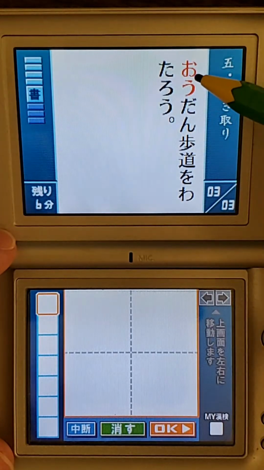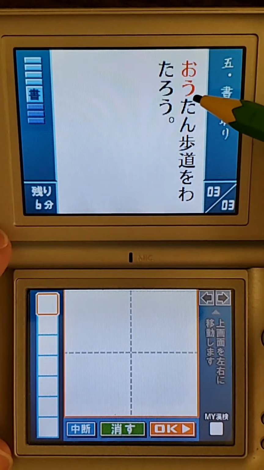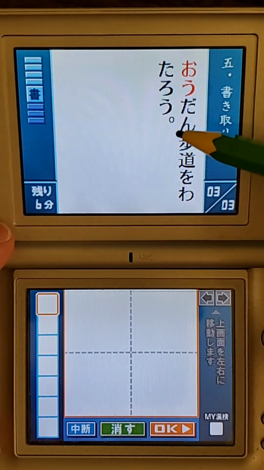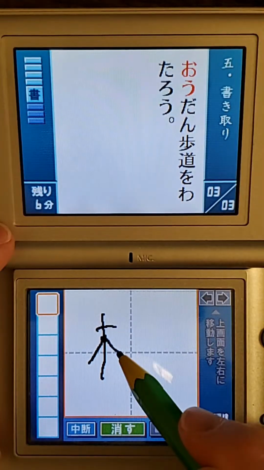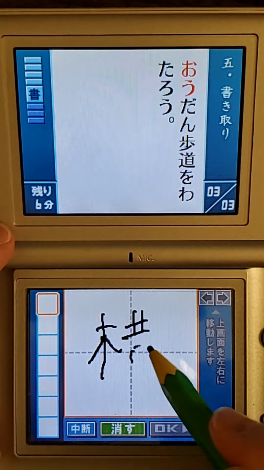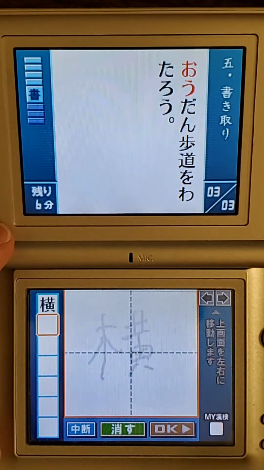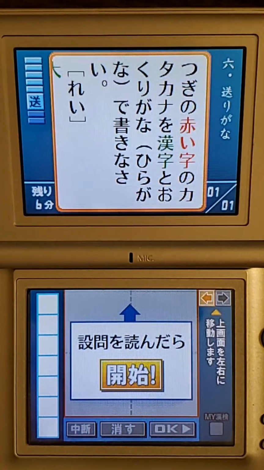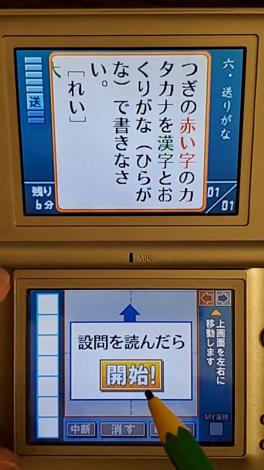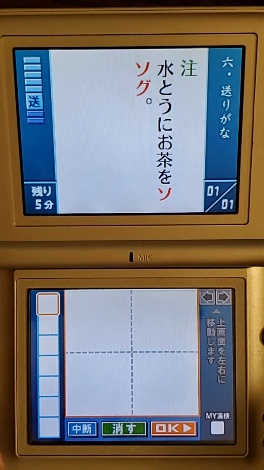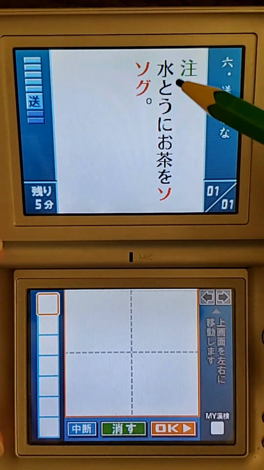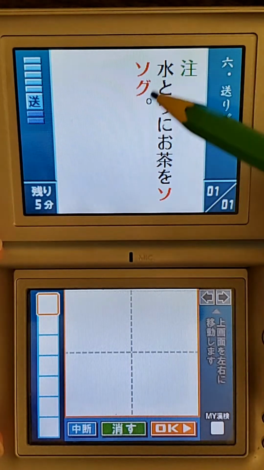Odan hodo o wataro. So odan is like sideways. I'm not sure what this kanji is for dan, but this one is sideways. So we put kihen, and then this. Don't judge. Sometimes it's not too pretty, but as long as the system knows what I'm trying to write. All right, so we take this kanji and put it in with this reading here.